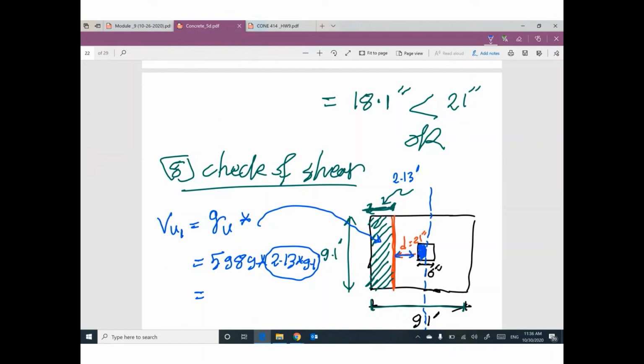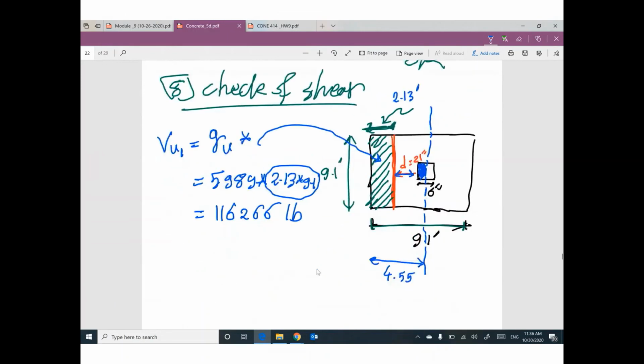This value will be 116,266 pounds. Can you check? Please go ahead and check the depth due to shear. It's very easy. You can check it and it will be okay also.